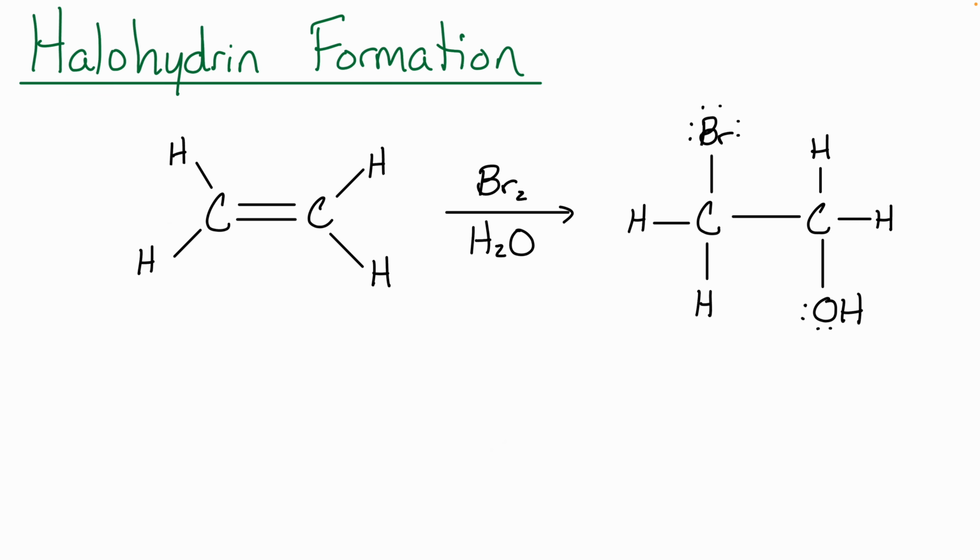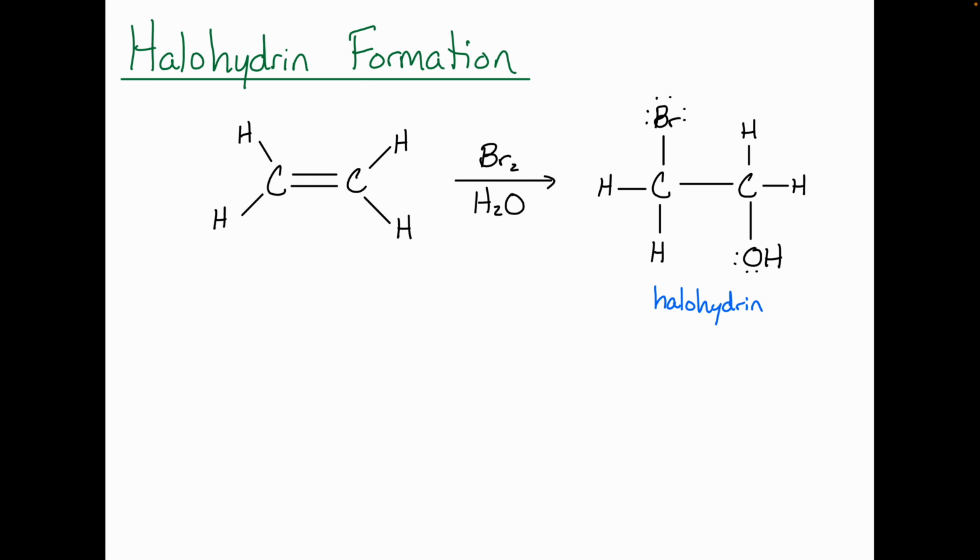All right, and this molecule right here that contains both a halogen and a hydroxyl group is what they call a halohydrin. All right, so let's try to understand why we get this halohydrin formation here by looking at our reaction mechanism.